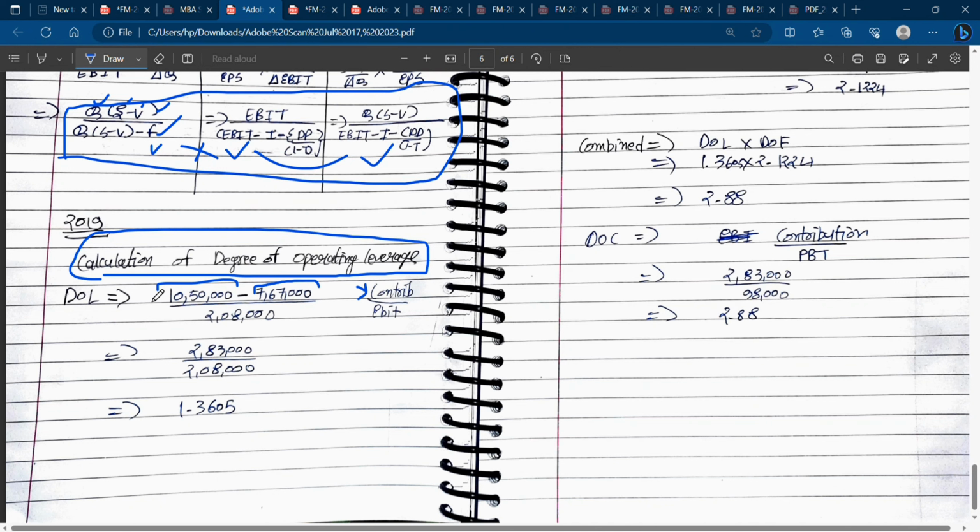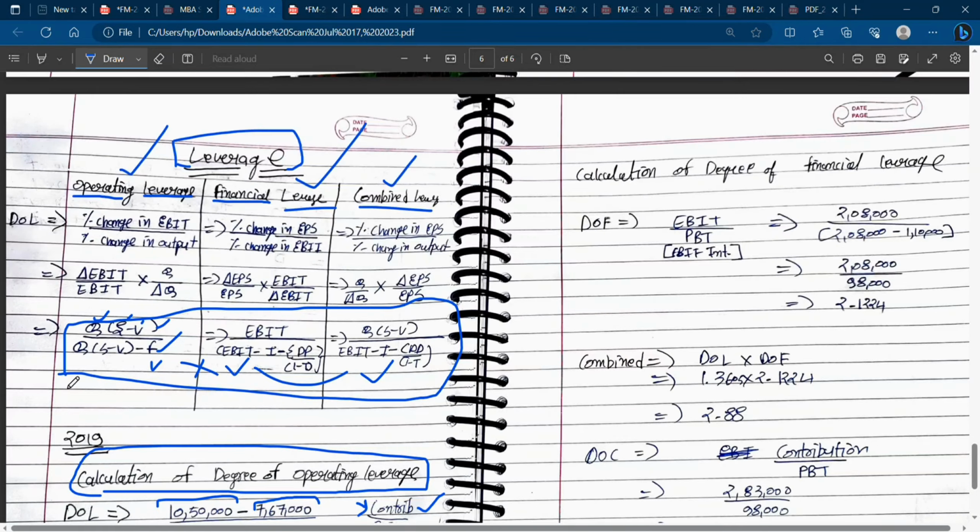Sales 10,50,000 and variable expenses 7,67,000. Sales minus variable cost is also known as our contribution, and we can also calculate EBIT as sales minus variable cost minus fixed cost.